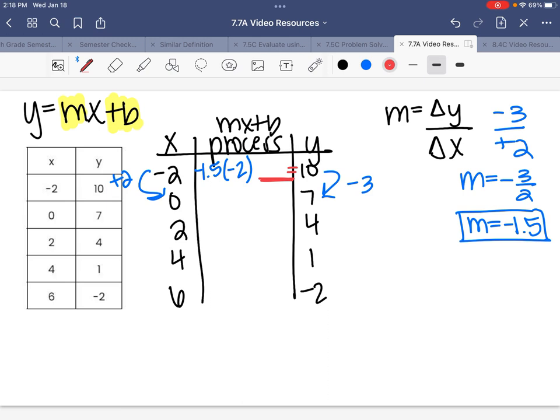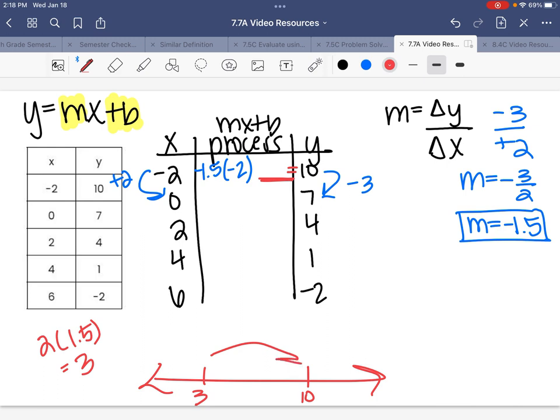And so now I just need to know what 2 groups of 1.5 is, which will just give me 3. So if I'm at 3 and I want to get all the way to 10, I need to add 7. So I add 7 more to get to 10.